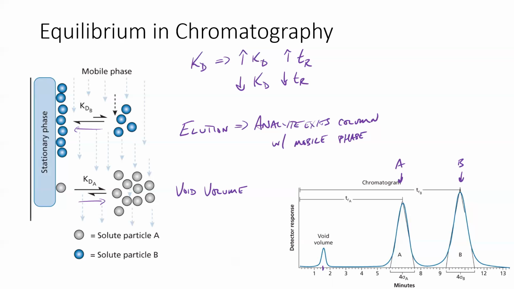Because we do a background subtraction to subtract out our mobile phase in the detector, we never see mobile phase, thank goodness. And so it's got to be a compound with a very low KD that doesn't interact with the stationary phase of the column.